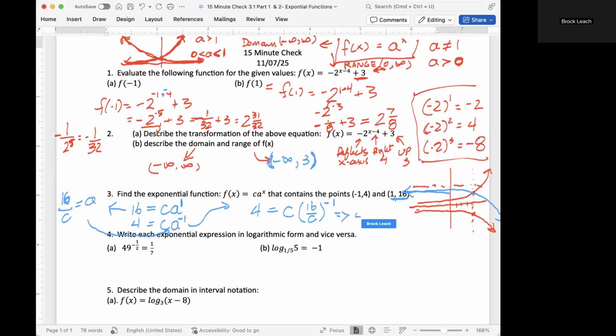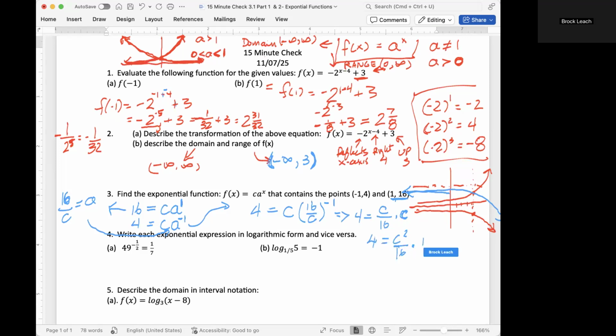So I have 4 equals C over 16 to the 1 times C, which gives me C squared over 16 equals 4.